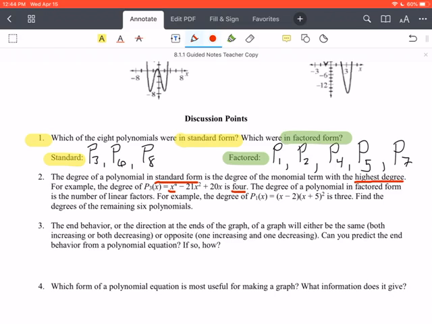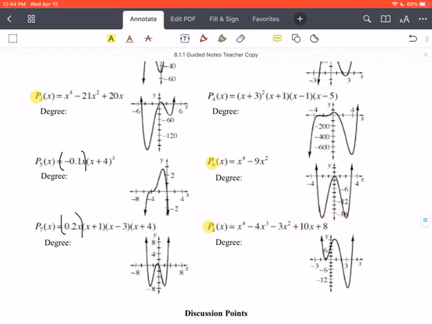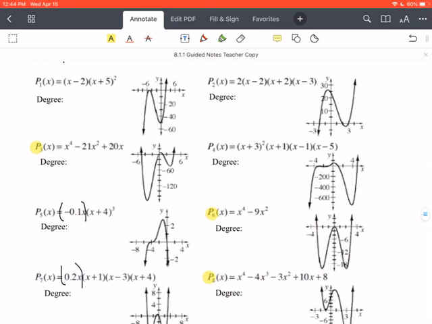So let's go ahead and look up at the functions that we highlighted in yellow that are written in standard form, and let's find the degree of those, and then we'll go back to factored form. So P3, okay, let's find our highest term exponent, which is 4, so this is a 4th degree polynomial.